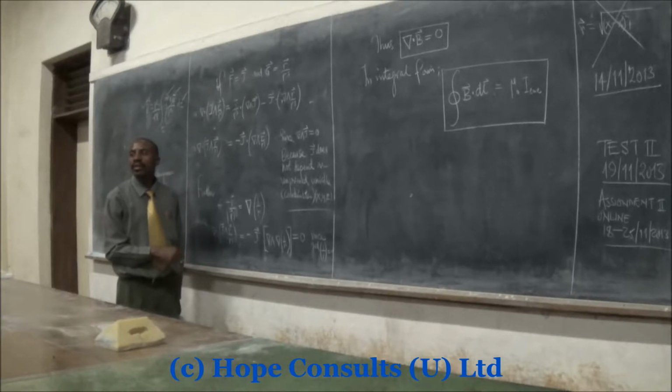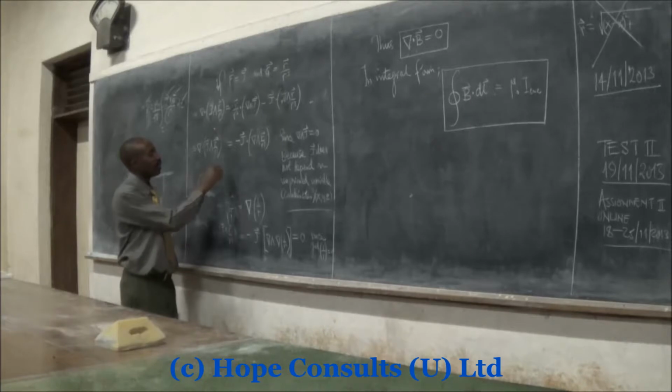Then, since it is in the R direction, it's just like differentiating 1 over R with respect to R. Anyone clicking? The first statement is like negative 1 over R squared in the R direction.